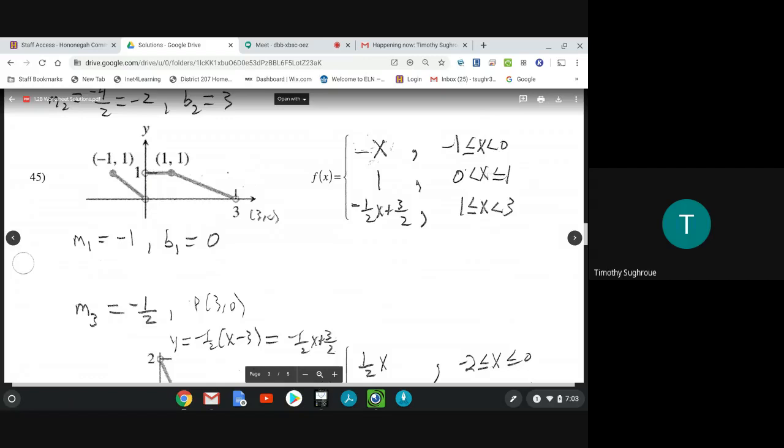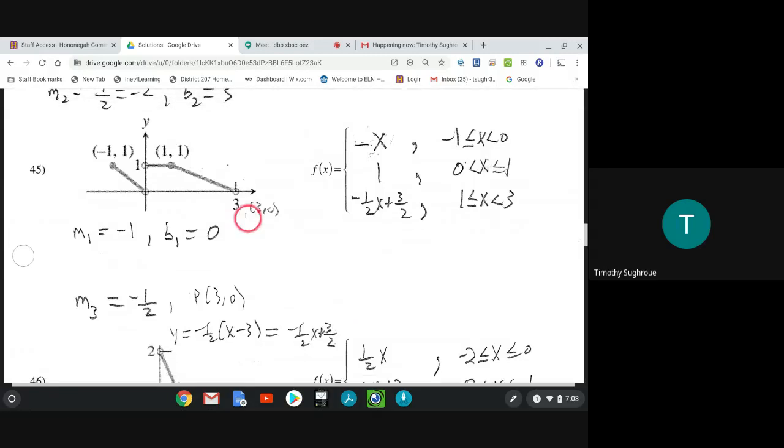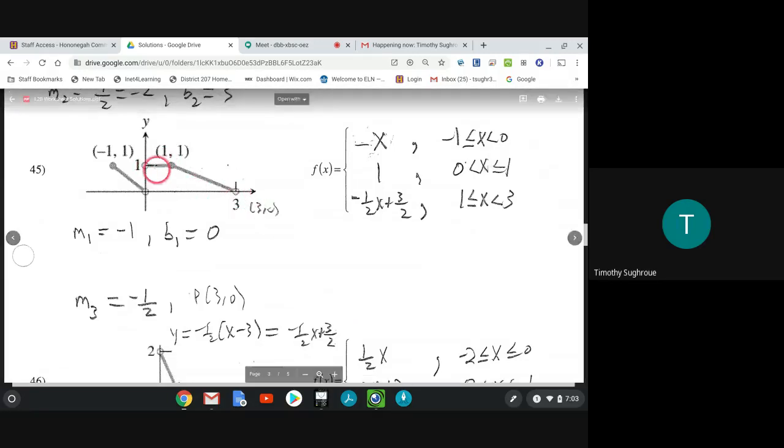That other piece then has a slope. The slope of that piece is down 1 over 2. It's easy enough just to count it. Down 1 to the right 2. Or you can subtract the y's over subtract the x's. How do we find the y-intercept of this? This gives students difficulty sometimes.